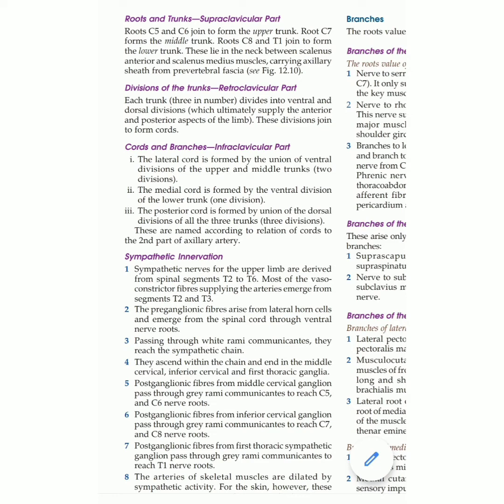Postganglionic fibers from the first thoracic sympathetic ganglion pass through gray rami communicantes to reach the T1 nerve roots. 8. The arteries of skeletal muscles are dilated by sympathetic activity. For the skin, however, these nerves are vasomotor, pseudomotor, and pilomotor.